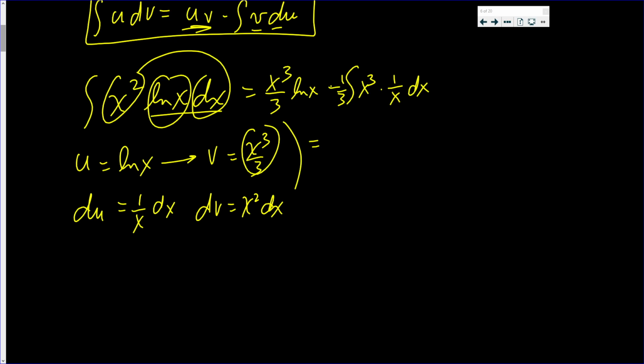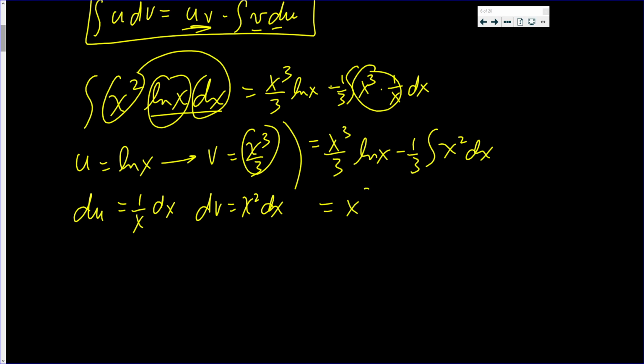So what I get is x cubed over 3 ln of x minus 1/3, and this simplifies to x squared dx. So I get x cubed over 3 ln of x minus 1/3. This integral is x to the 3 over 3 plus a constant.